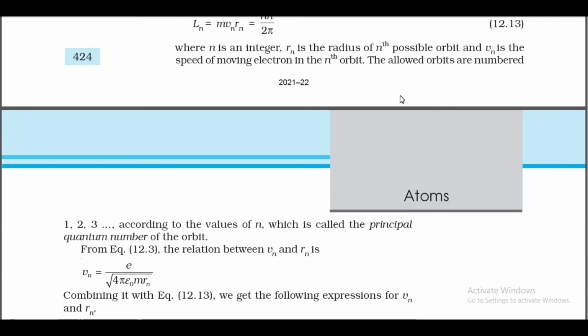From equation 12.3, the relation between vn and rn is vn is equal to e by root over 4π epsilon naught m rn.